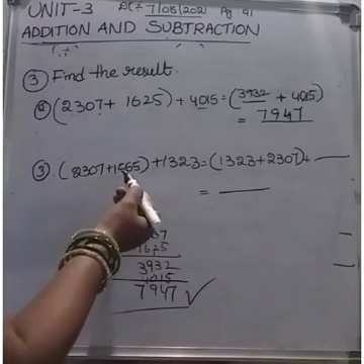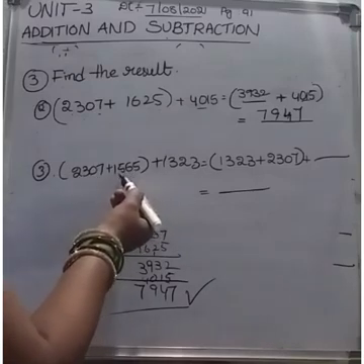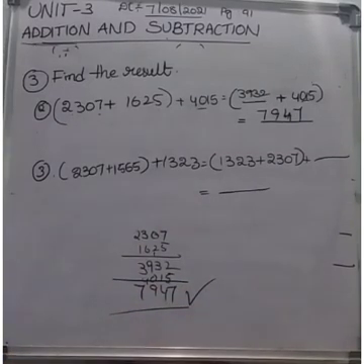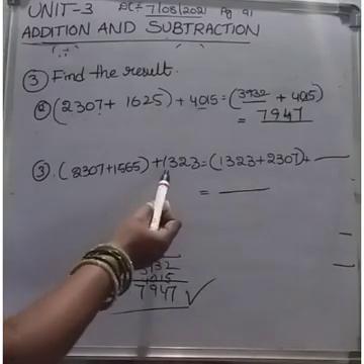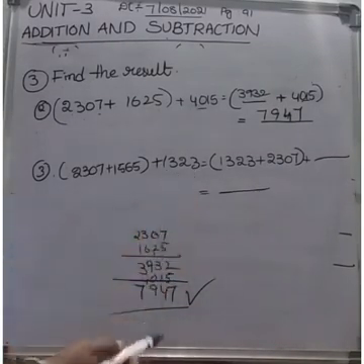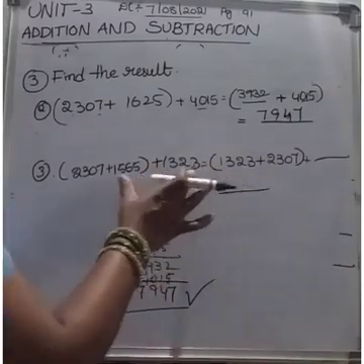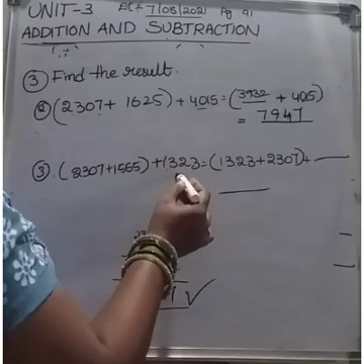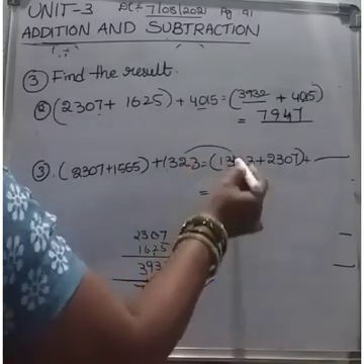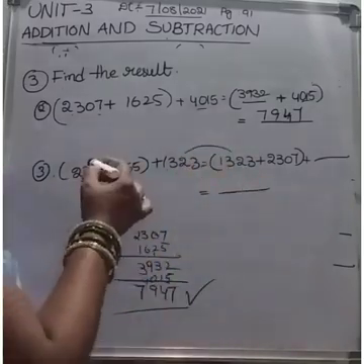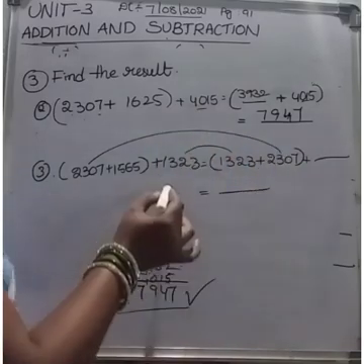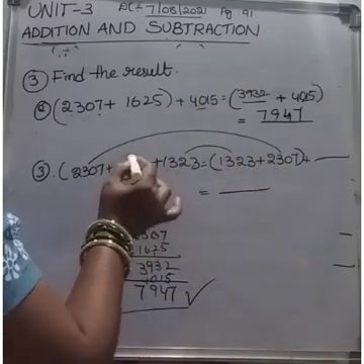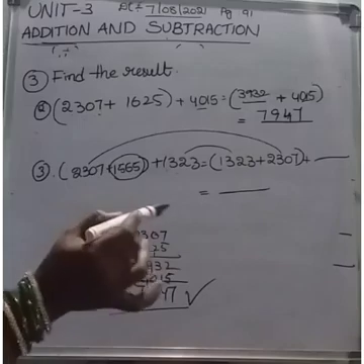Next, third one. 2307 plus 1565 in one bracket, and plus 1323. Both sides are equal, because is equal to means both sides are equal. 1323 is there on both sides, and 2307 is there. Which is the remaining number? The remaining number is 1565.